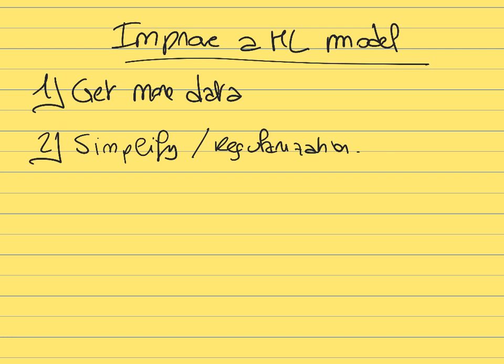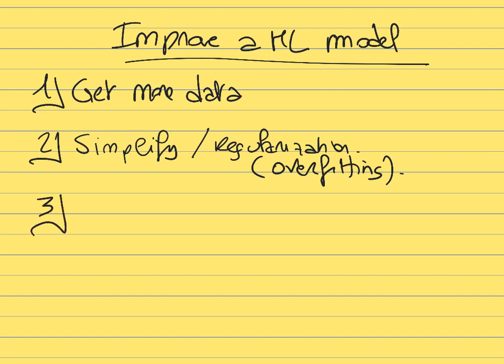You can remove some features. You can decrease the number of neurons. So you can force your model to become simpler. So this is the problem that you face if you have an overfitted model, and the solution is to make the model simpler.